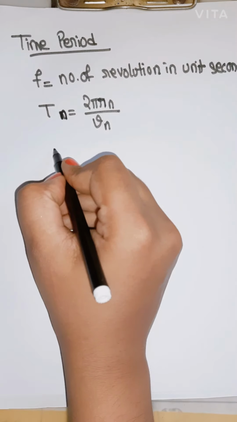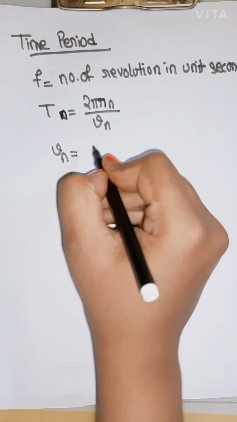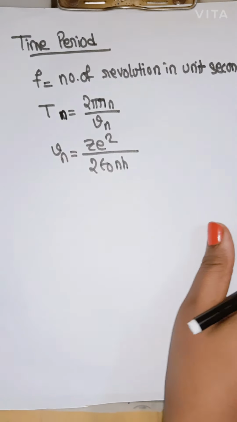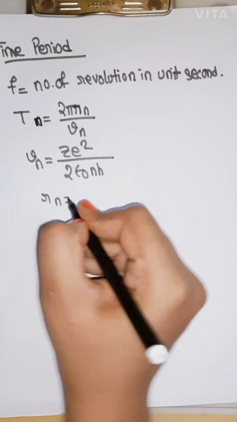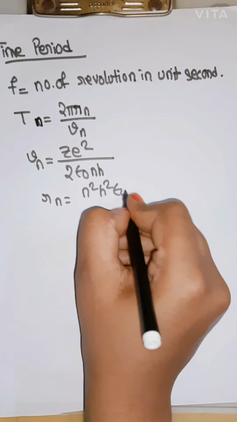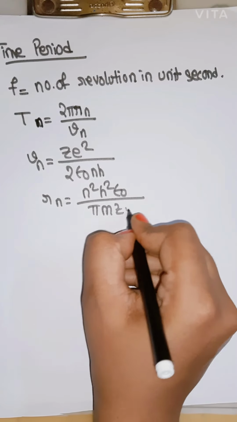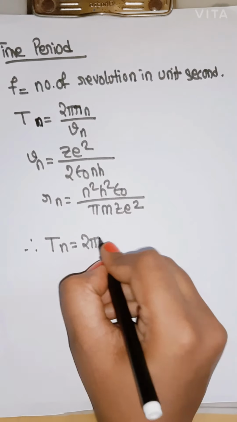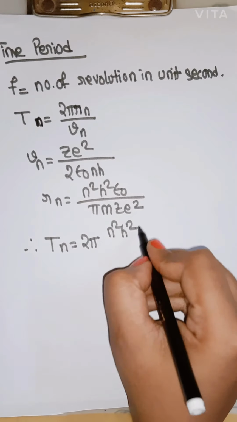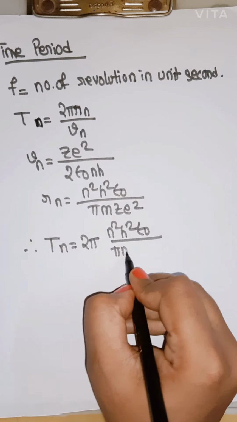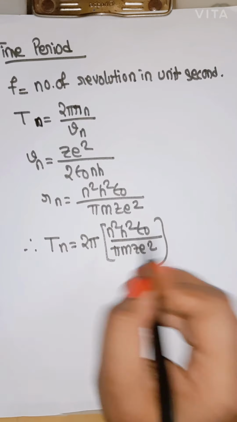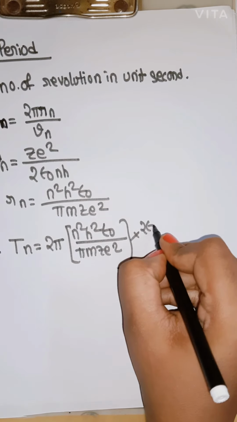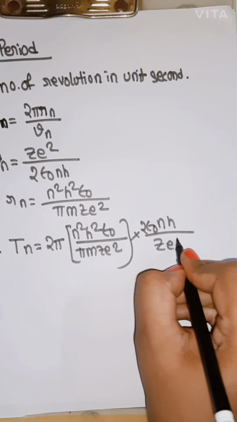So from here, as we know, Vn is equal to Z e square by 2 epsilon naught n h, and Rn is equal to n square h square epsilon naught by pi m Z e square. So Tn is equal to 2 pi n square h square epsilon naught by pi m Z e square, that is the Rn value, 2 pi Rn, into 1 by Vn, which is 2 epsilon naught n h by Z e square.